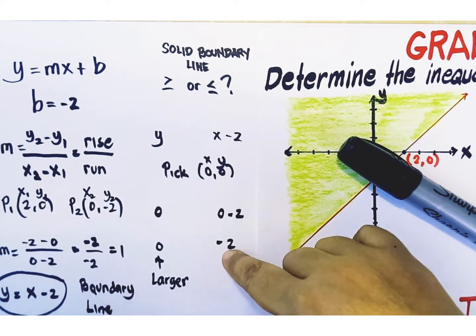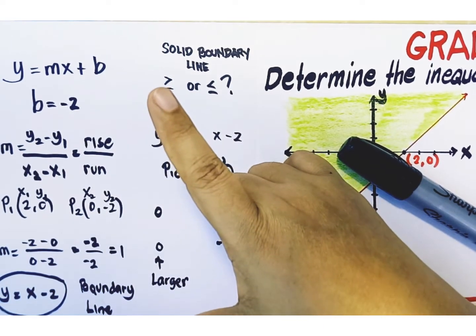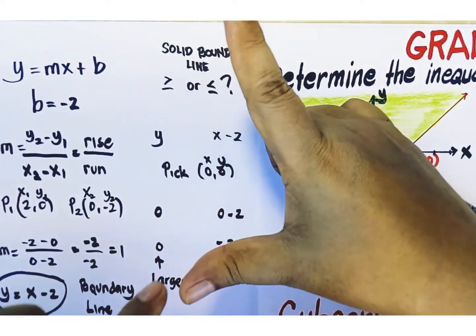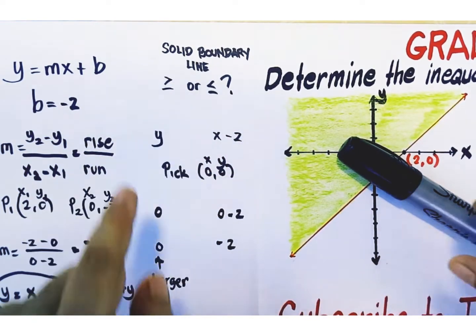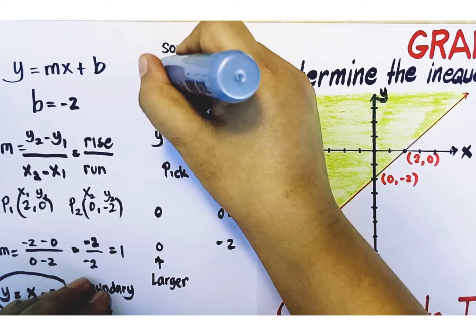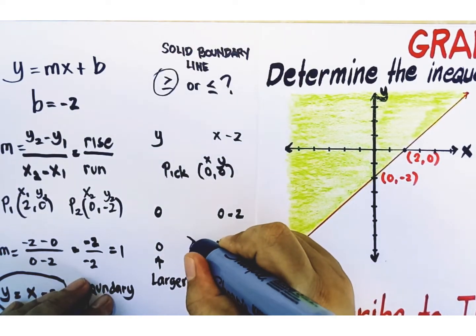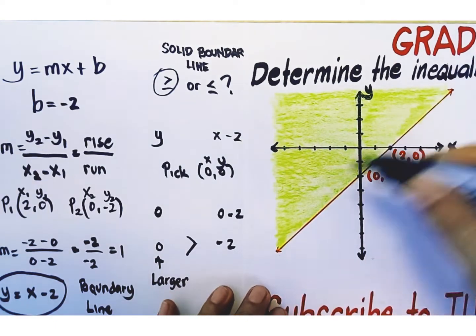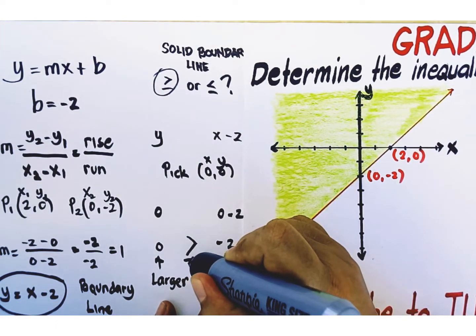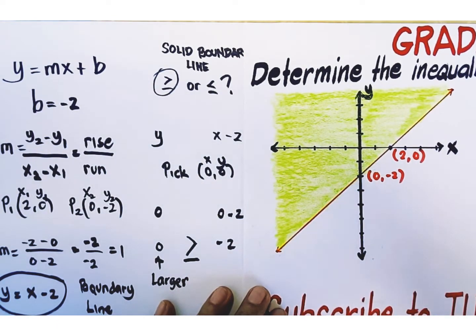Therefore, you should use the inequality sign with an open side facing 0. This is the correct inequality sign. Since the boundary line is solid, there should be an equal component to the inequality sign.